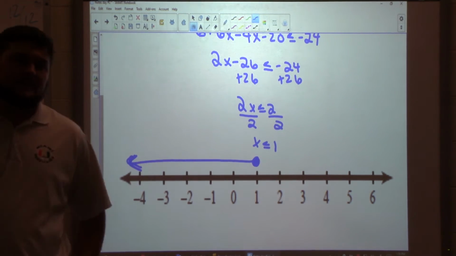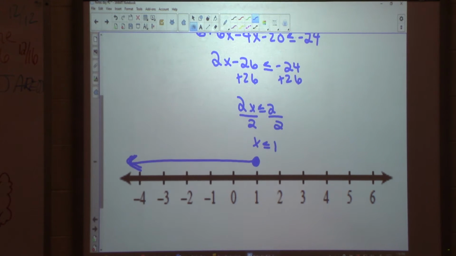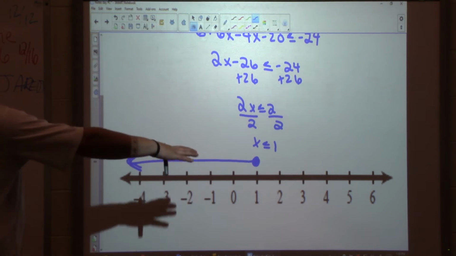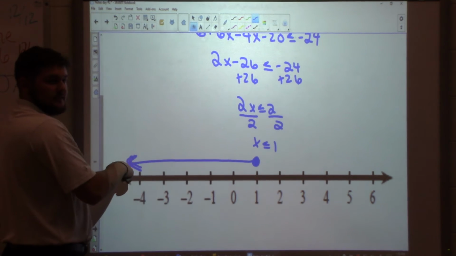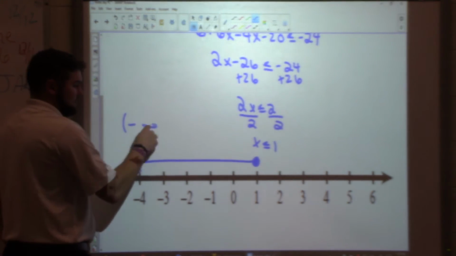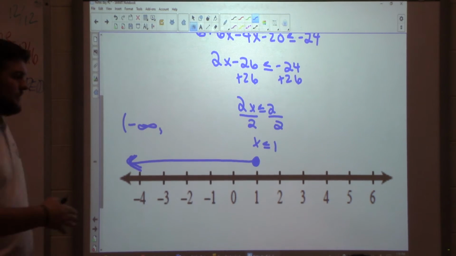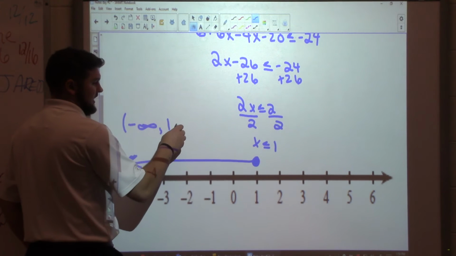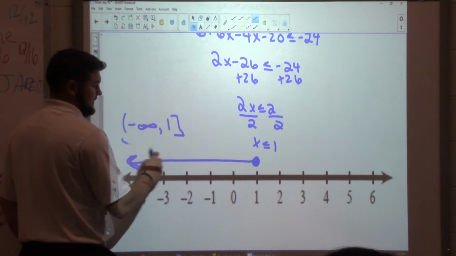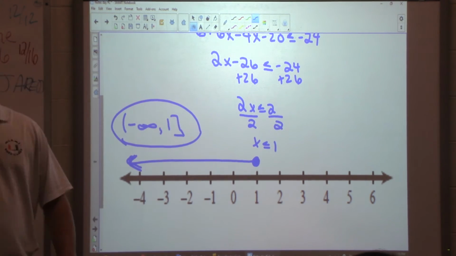So I've graphed it and I've solved it. Now I need to write it in interval notation. What is the smallest number that will satisfy this? Negative infinity. Remember, it's a parenthesis. And what's the biggest number that will satisfy it? 1. And it's going to have a bracket. That's my interval notation.